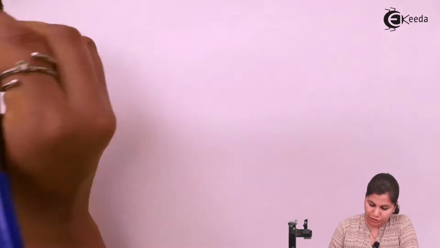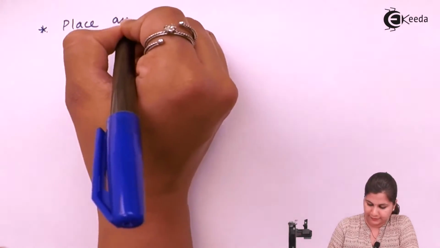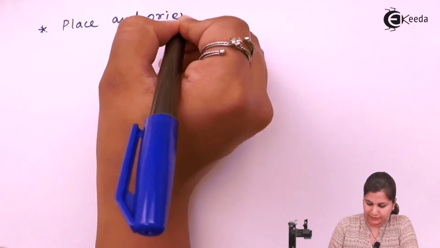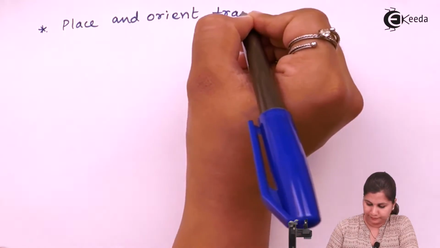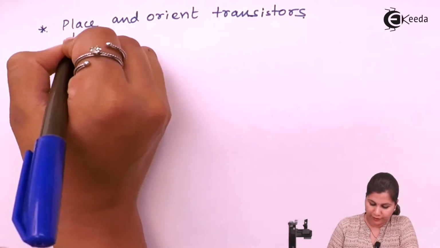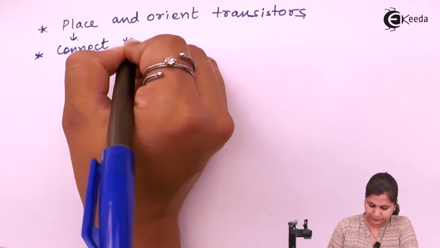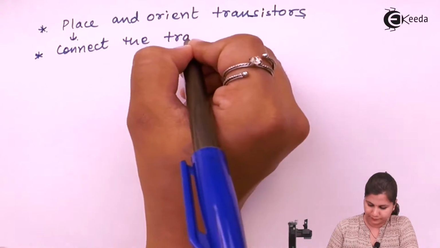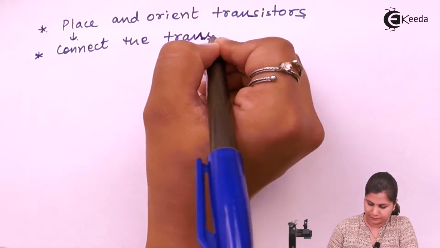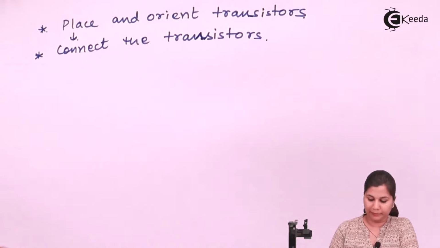When we design this embedded system IC using the full custom technology, first you have to place and orient the transistors. Placement is done. Then after this placement, you have to connect the transistors, and then the circuit will be implemented.